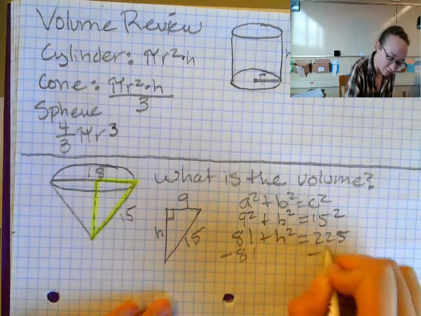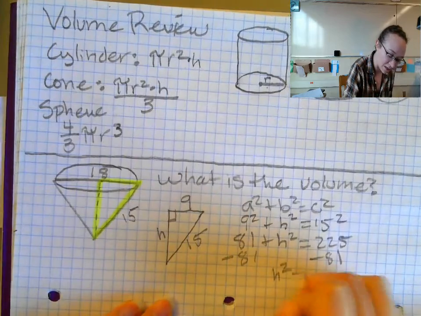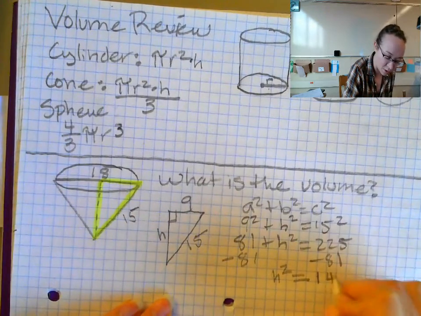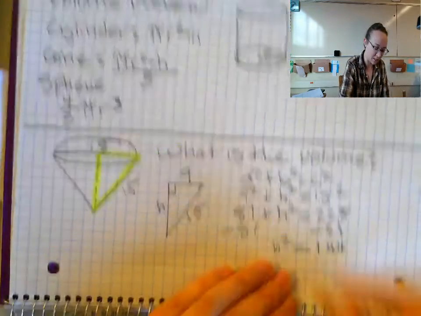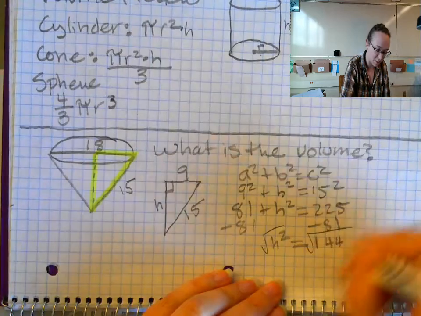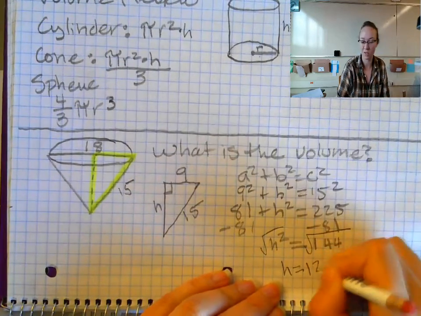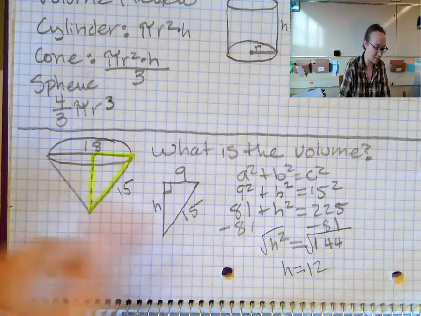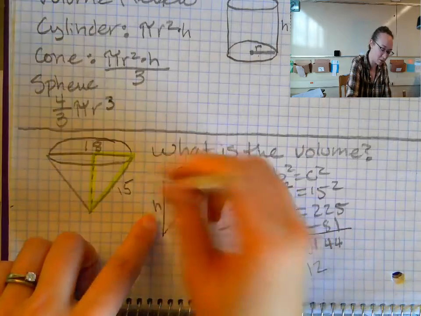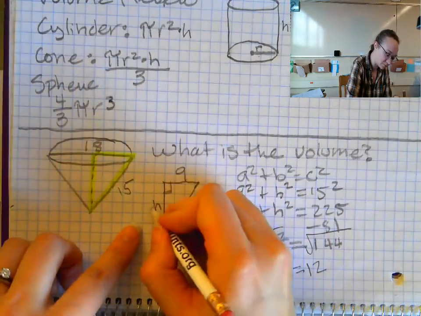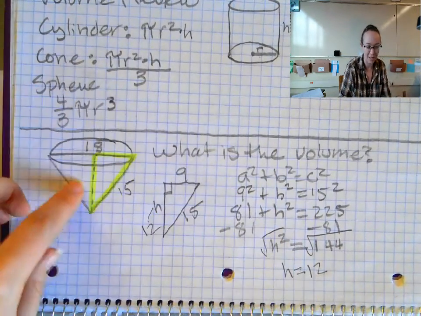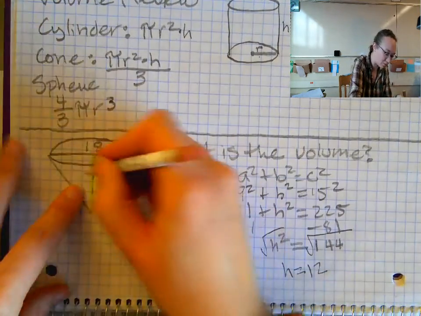Subtract 81 from each side. And h squared equals 144. I take the square root, and that gives me 12. So the height of my triangle here is 12, which means that the height of my cone is 12.